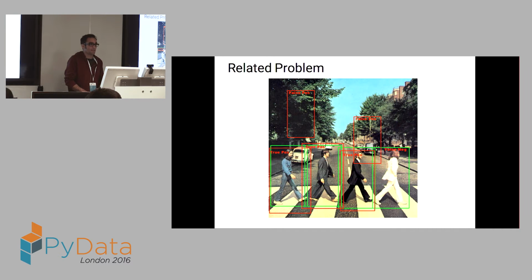So there's a very related problem to this, which is the problem of detecting entities in images. I don't know if many of you have come across this before, but this was the very first Google image result for entity detection.